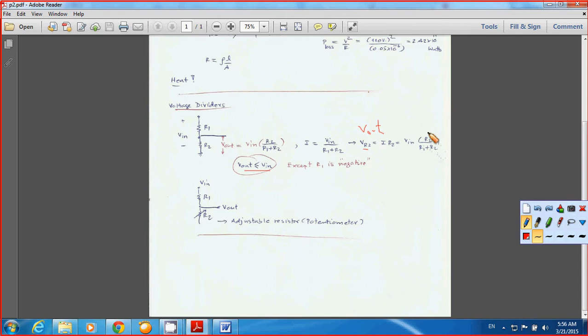So the ratio is going to be greater than 1, and V out is greater than V in. It becomes an amplifier, and that can happen in some electronic devices, for example the tunneling diode, and we will talk about it later on.